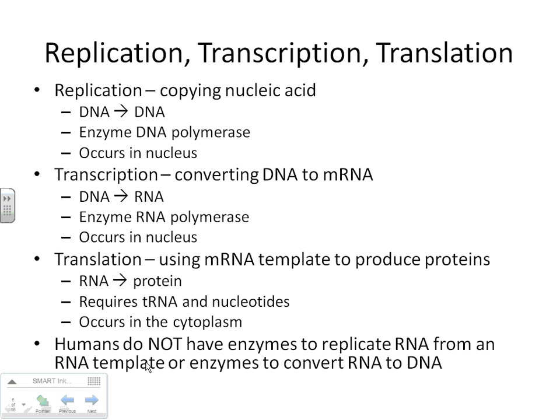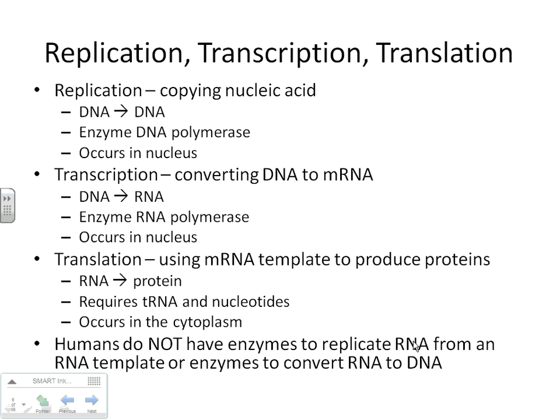Humans can do replication, DNA to DNA. Humans can convert DNA to RNA. And humans can turn RNA into proteins. That's the basics. Humans cannot make a copy of RNA from RNA or go in reverse and do RNA to DNA.